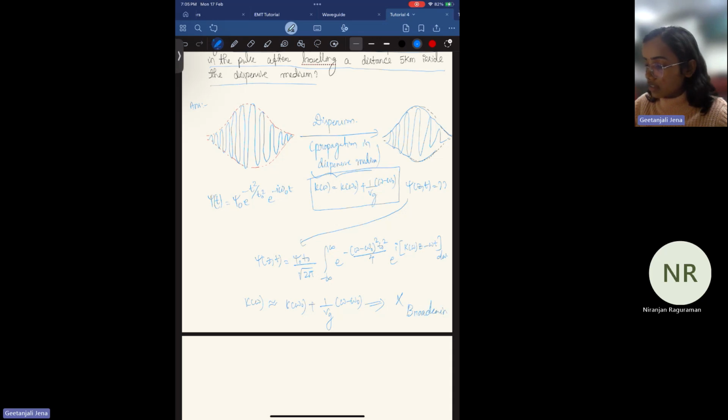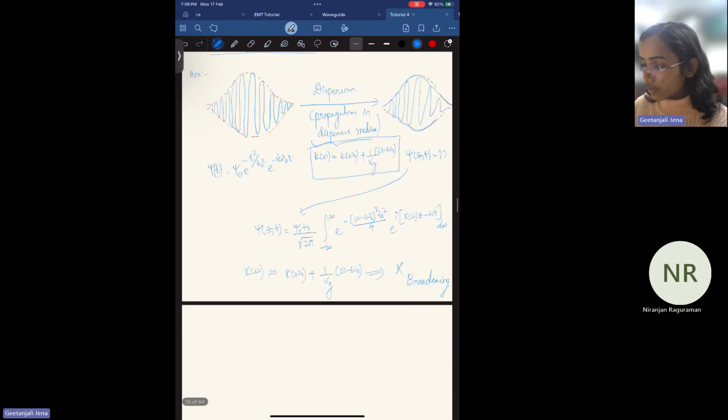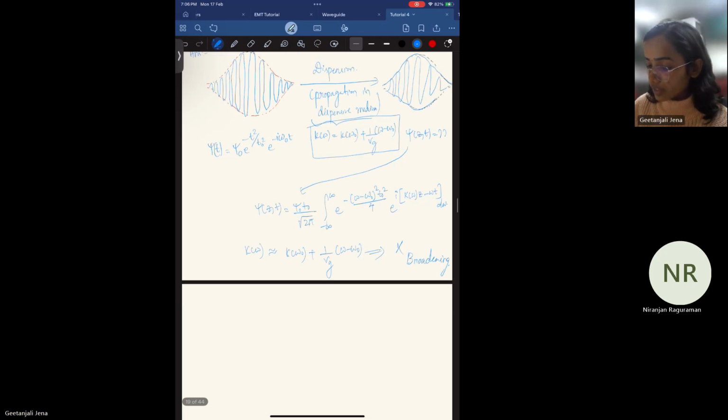This has been discussed in the class. Only when higher order terms than dk by d omega come into the picture will we see a temporal spreading in the pulse as well as a decrease in the wave amplitude. But for this case, there will be no further spreading in the pulse.